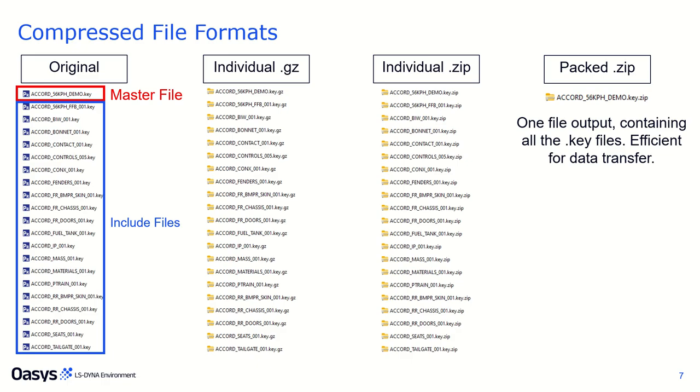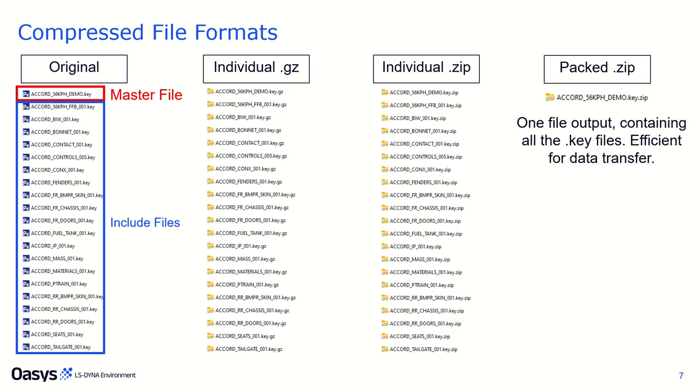So I have a model over here. If we look all the way on the left, in the original model, I have in red the master file, which essentially quotes all of the blue files, and those are quoted by star includes. If we were to save everything out in individual .gzip format, then you can see all of those files are essentially zipped up individually.